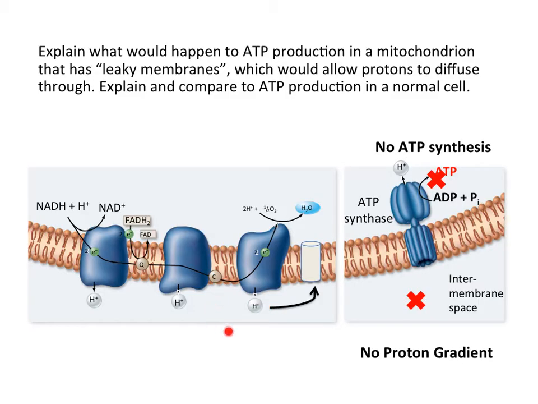And if you don't have a high concentration of protons in the intermembrane space, there are no protons to go through ATP synthase, which needs those protons in order to make ATP. So if the protons are escaping through another route and not going through ATP synthase, you won't have any ATP synthesis.